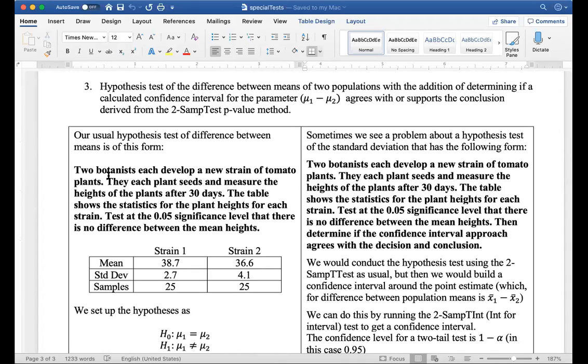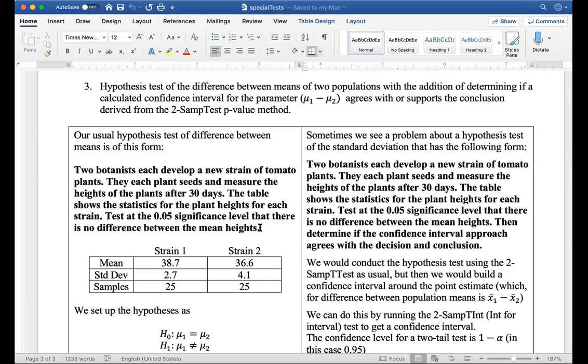Okay, so we've got a table of statistics from 2 different samples from 2 populations, and the claim is given to us as: test that there is no difference between the mean heights.